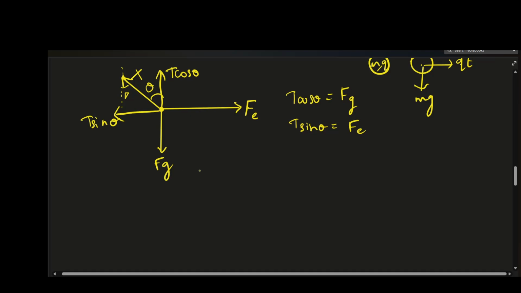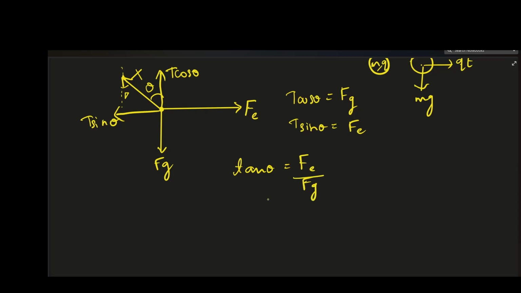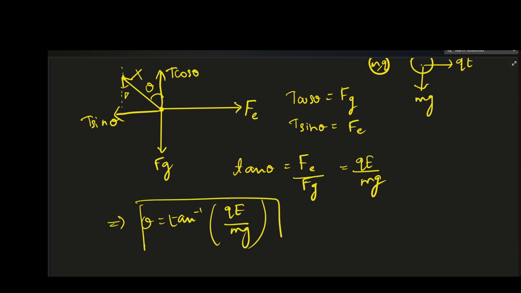Now dividing these two equations, we will have tan theta equal to Fe by Fg, so that is qE by mg. So my theta is going to be tan inverse of qE by mg. Actually this is a general formula which can be used for all the numericals of this model.